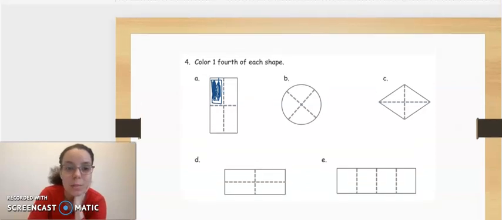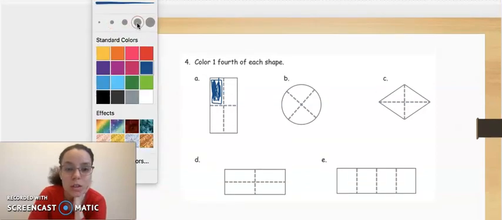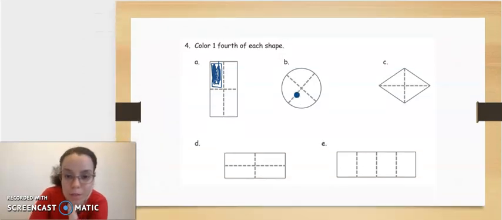Make this a little bit bigger. All right. 1 piece of the 4. Only 1 of the 4 pieces. Only 1/4. There we go.